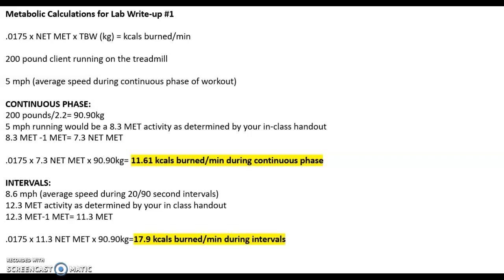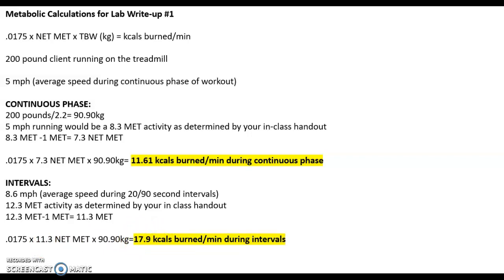So this was just reiterating it in calories burned per minute. So my continuous phase, my client was working out at a 7.3 net MET activity and burned 11.6 calories a minute. When they were doing interval training, we had 11.3 net MET activity, therefore burning 17.9 calories per minute.